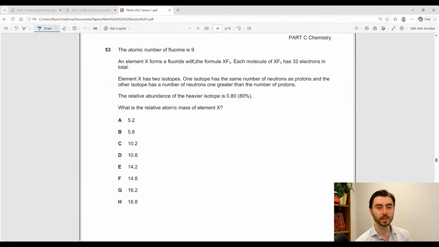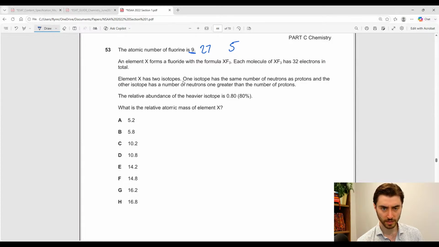The atomic number of fluorine is 9. Element X forms a fluoride with that. Each has 32 electrons in total. The atomic number is 9, so there's 27 electrons accounted for, so X contributes 5 electrons, which makes sense.